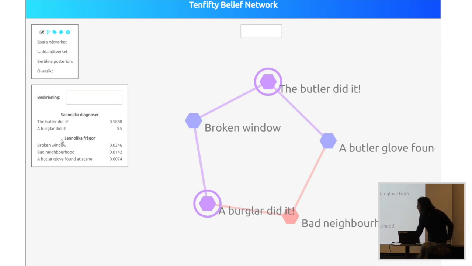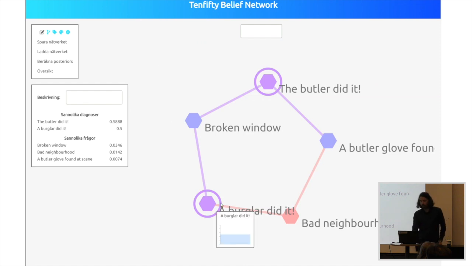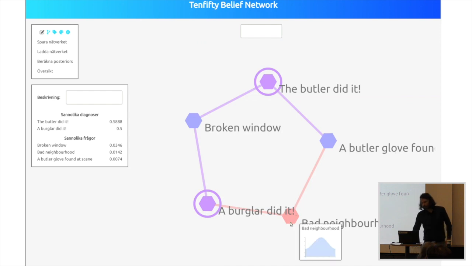So these blue things, they are things caused by the circle things. So if a burglar did it, he may cause a broken window. Or if the butler did it, he may cause a butler glove found at the scene. And this orange thing, a bad neighborhood, that's what we call a risk factor.